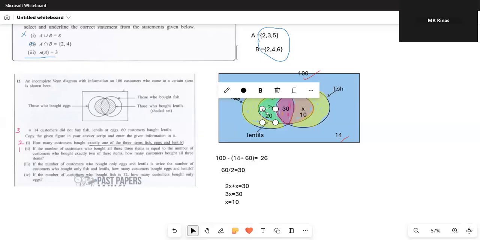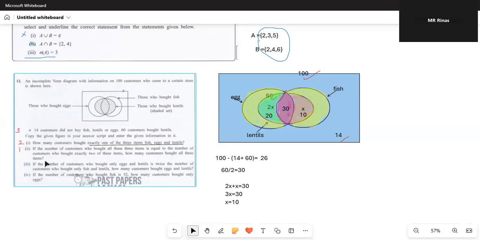Egg and lentil is 20. So for that, 2 marks. So they are asking the number of customers who bought eggs and lentil. So here the 20 is there.